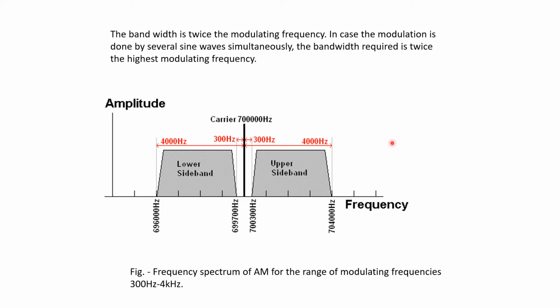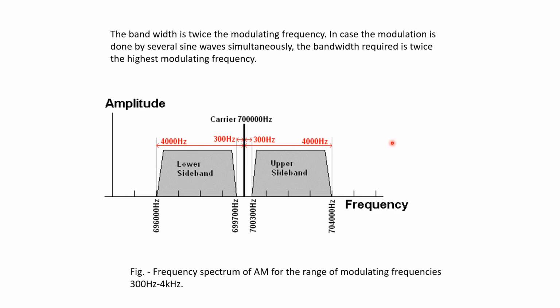As we have seen in the previous slide, when a modulating signal is superimposed on the carrier signal and converted into an amplitude modulated wave, then the entire bandwidth is 2 times the modulating frequency.